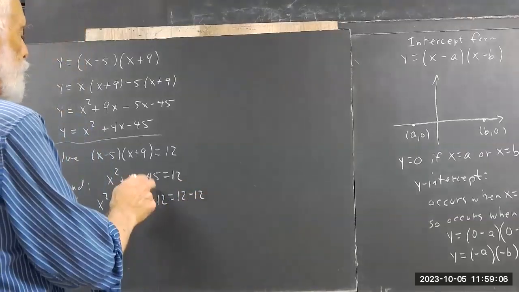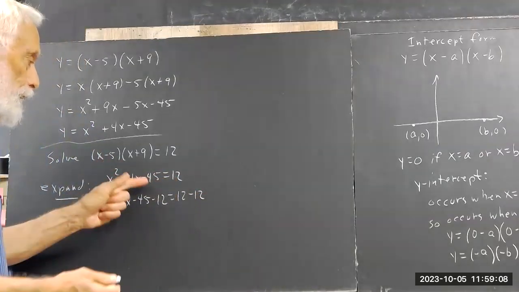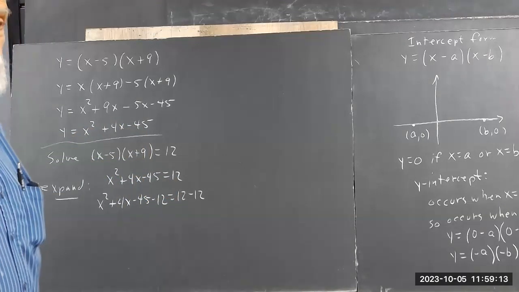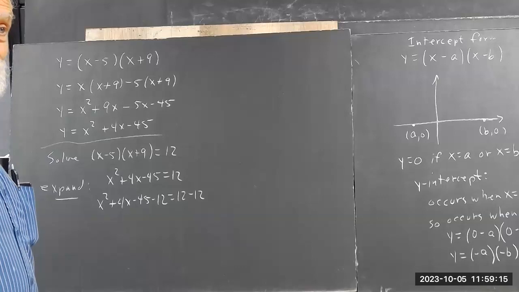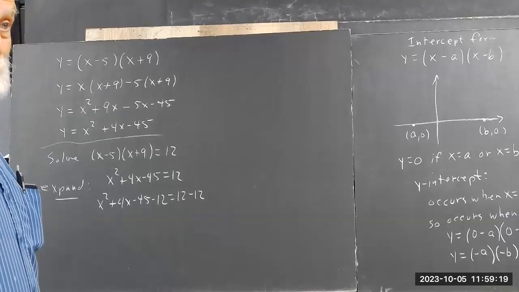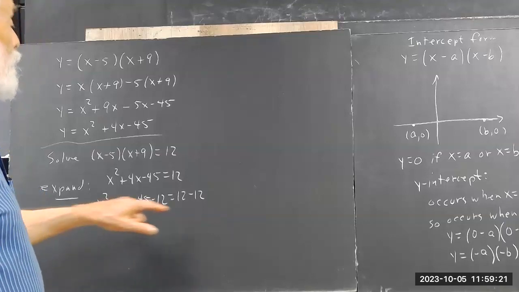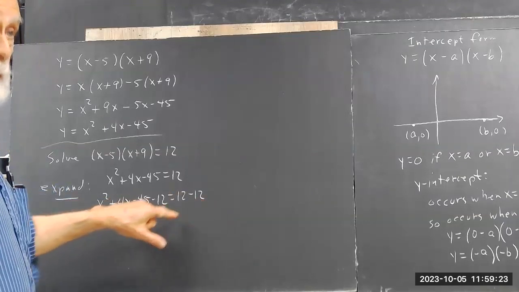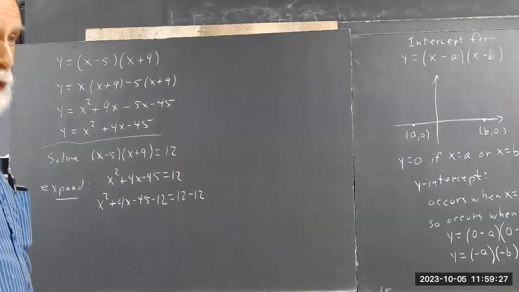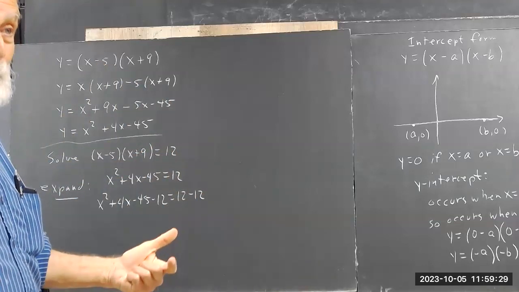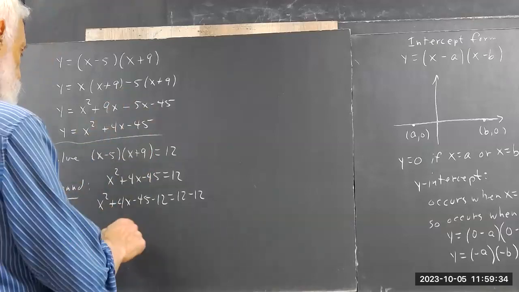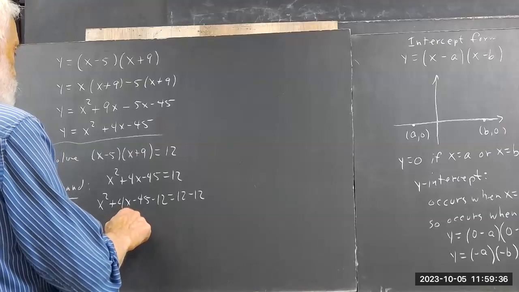I don't like writing the 12 and the 12, or the negative 12 and the 12 down below here, because I'm just seeing people doing too many bizarre things. Not so much you all, but I've seen unbelievably bizarre things when people do that. You subtract 12 from both sides, that's what you're doing. It's not just you write a negative 12 here and a negative 12 there and do something with it, which is often wrong. Now, again, I'm not saying you all make that mistake. I just want to emphasize, I really don't like that style.